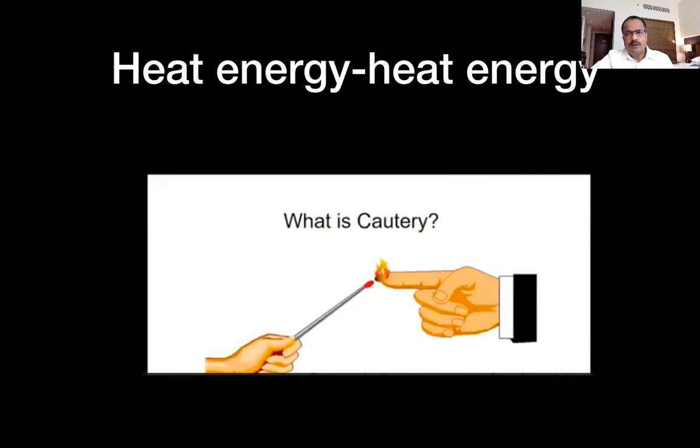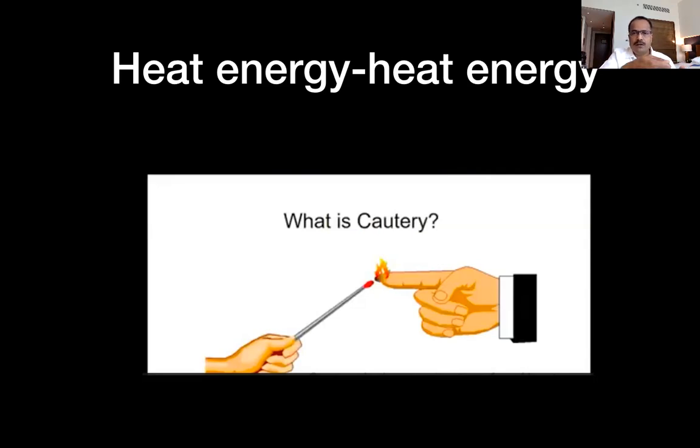Why cautery is not equal to electrosurgical unit is because in cautery, what you do, if you take a metal, you heat it. So heat energy, and you touch it to some tissue. So heat energy is transferred into heat energy.